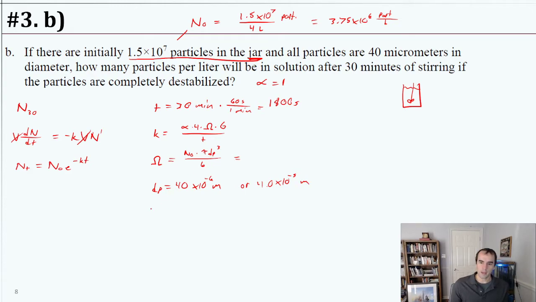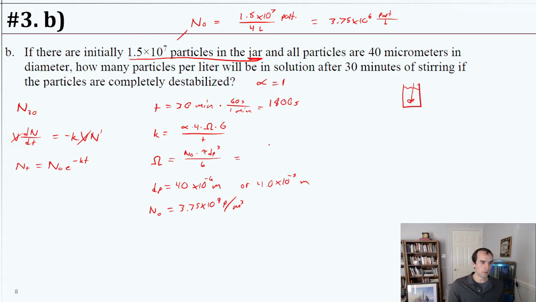We would need to do that conversion, and we would also need to do the conversion so that we're using like terms here with the meters, and for the N naught, we would need to take that 3.75 times 10 to the 6th per liter and multiply it by 1,000 to go from liters to cubic meters. So that'll be 10 to the 9th particles per cubic meter.